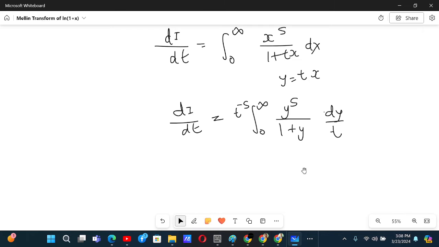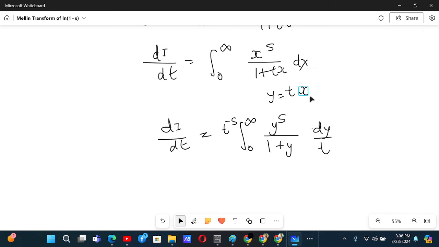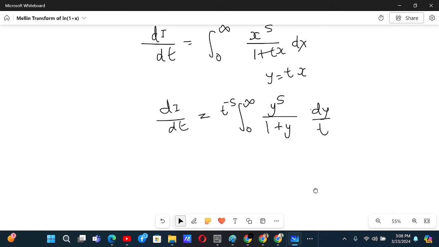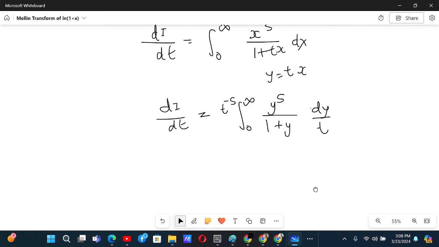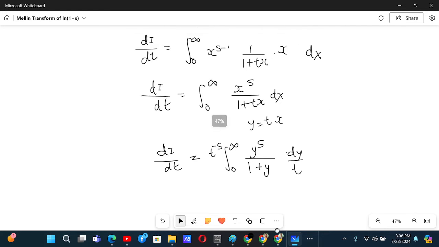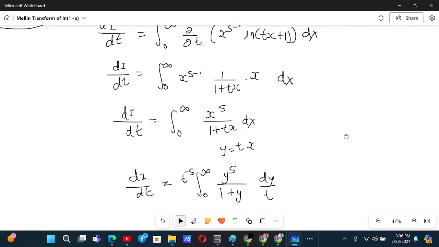We are defining y equals tx, so that's why x equals y by t. That's fine, let's proceed.